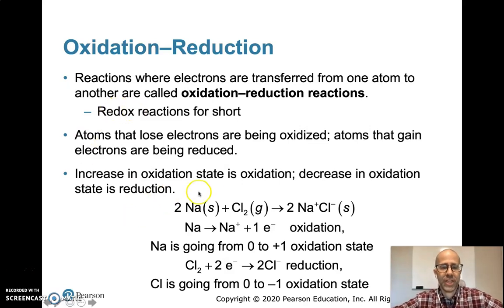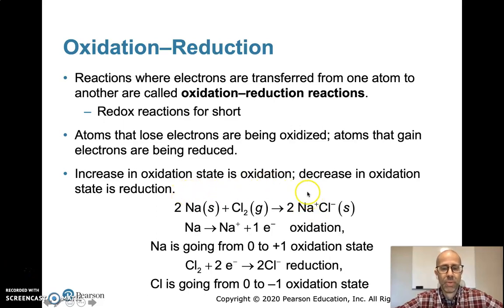Here's an example where you are reacting sodium metal with chlorine gas to produce sodium chloride salt. You have sodium going from a 0 oxidation state to a +1 oxidation state.